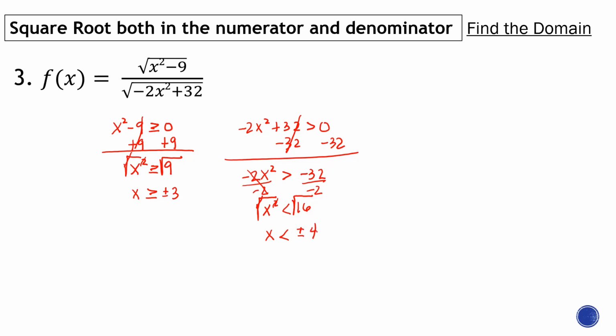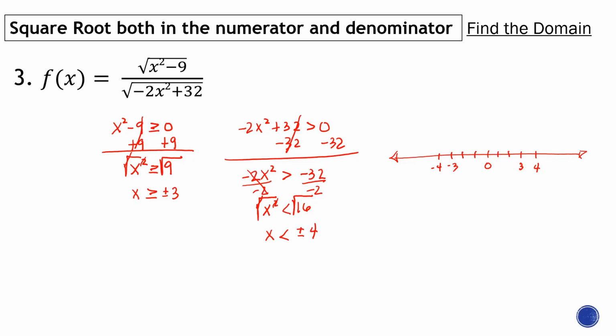Okay? So let's find the intersection of those two. Again, it will help us if we have a graphical representation of that. So let's locate 1, 2, 3, 4. Here's 3 and 4. 1, 2, 3, 4. Here's negative 4 and negative 3. So what do you mean by greater than positive 3, negative 3?